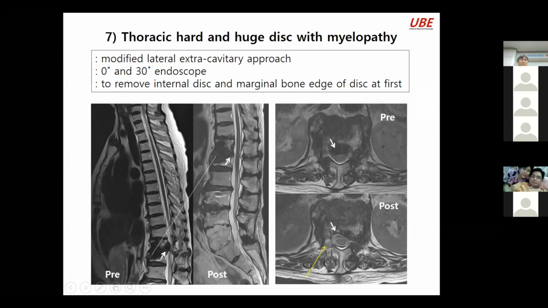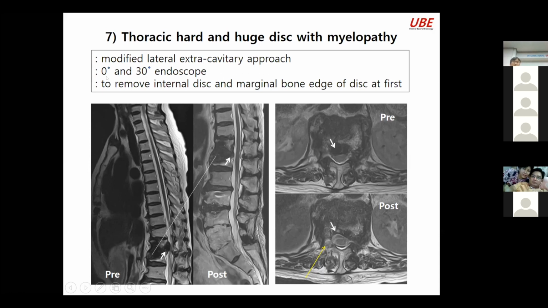This is a thoracic hard, huge case of myelopathy. The approach is a modified lateral extracavitary approach this time. Here, this is an old compression fracture with a huge ruptured disc. This is preoperative, this is postoperative.